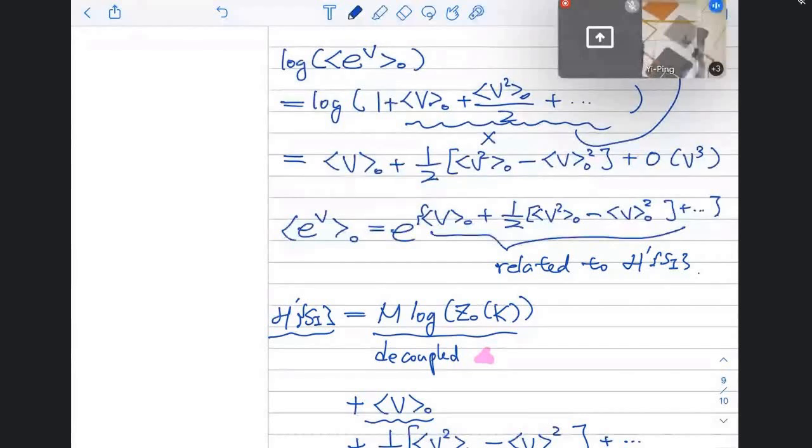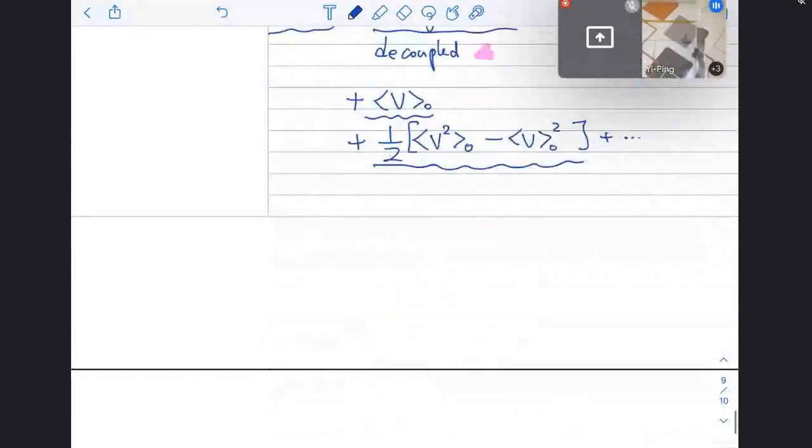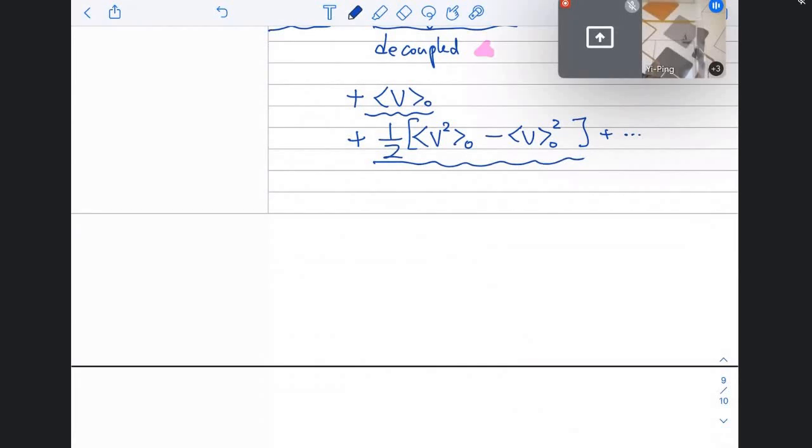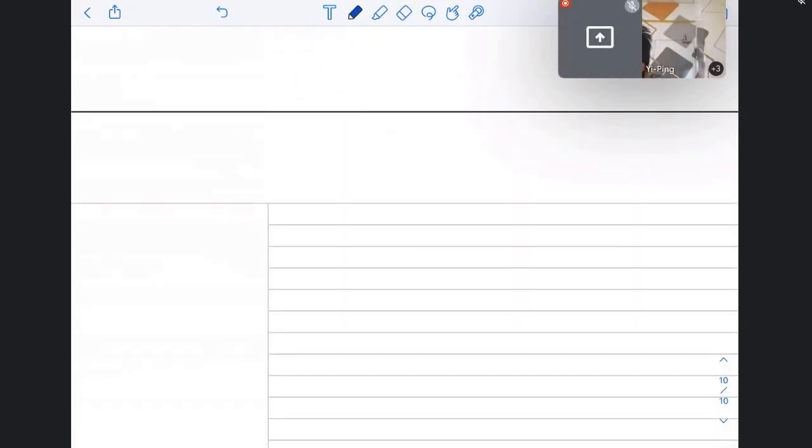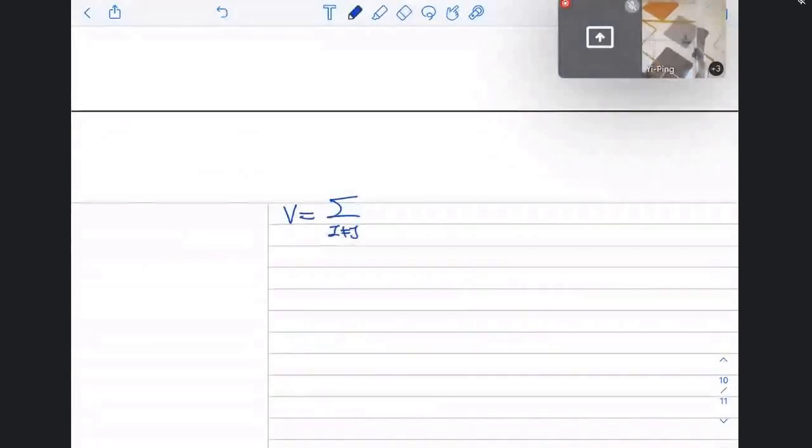Okay. If there's no question, let's try to remind ourselves what V is. V is basically a summation over the spins i and j that are not equal with each other, and we have a bunch of these Vij. Let's take an example.